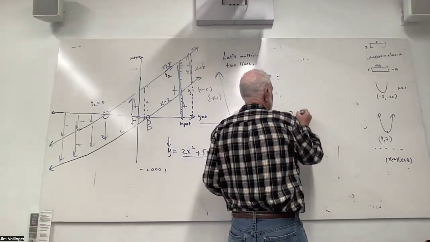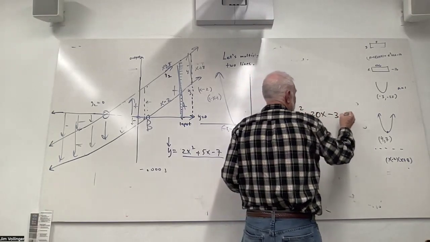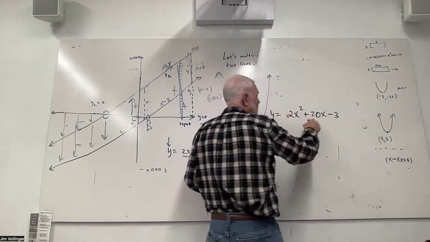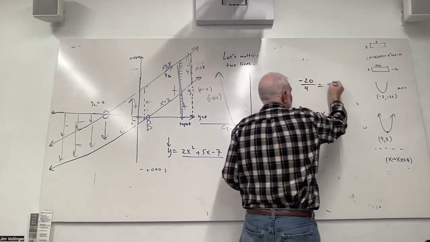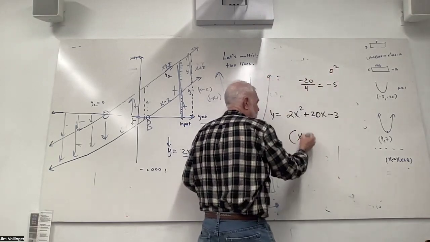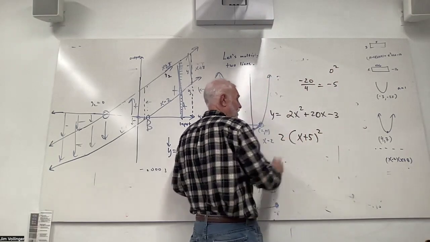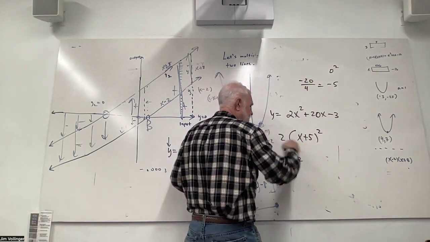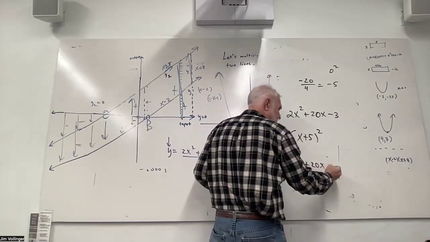So let's look at 2x squared plus 20x minus 3, and we'll just put that in graphing form. So minus b over 2 times a gets me negative 5. I want that to act like 0 squared, so I write x plus 5 squared, and I already have the 2. If I multiply this out right now, I get 2x squared, 10x times 2 is 20x, 5 squared, 25 times 2 is 50.